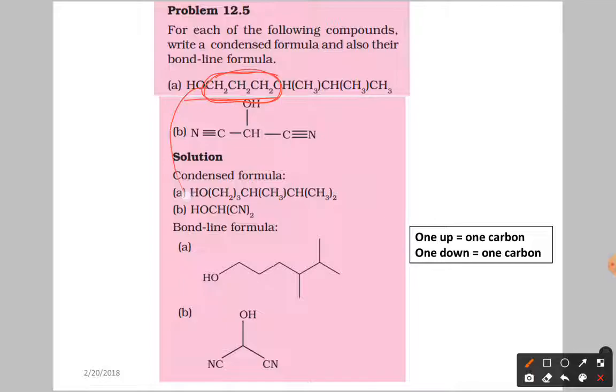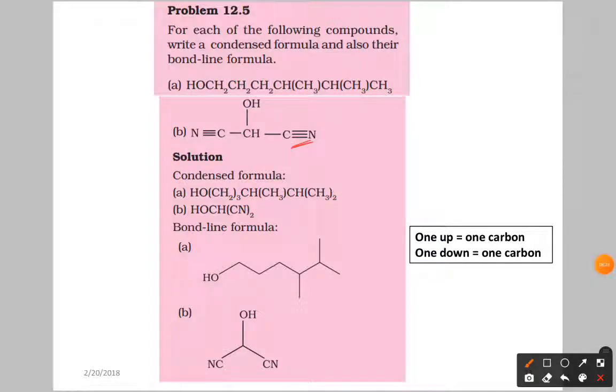So here you write OH, and the CH2 is going to repeat 3 times, so you write that as subscript 3. After that we have CH, and this formula you write as such. Again here we have 2 CH3 groups, so you write that as a subscript. So this is the condensed formula of this molecule.